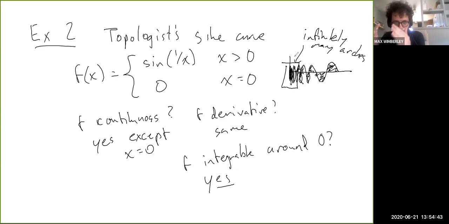It hones your quantitative instincts in a way that applies to everything. You'll start to think about functions the way an analyst does, and that's a very powerful way of thinking about functions.